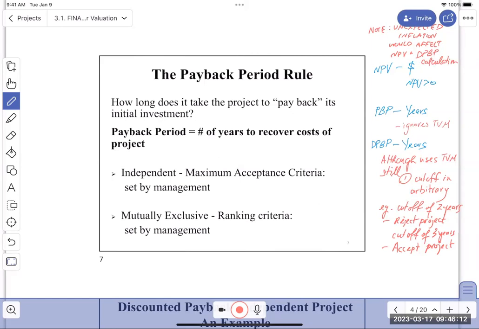Okay, so the second problem is it ignores future cash flows, which could have a huge impact on the company, right?